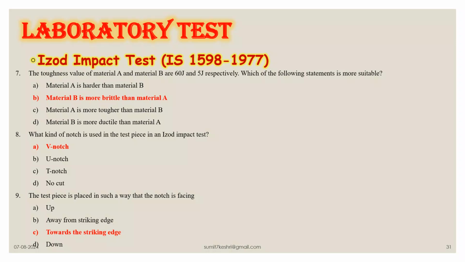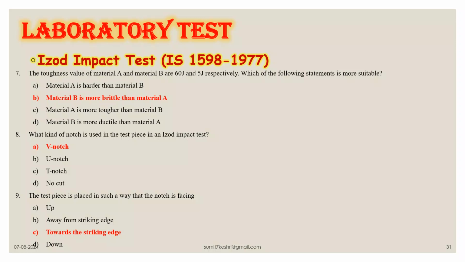So here material A has 60 joule toughness value and material B is 5 joule. So we can say material A is more ductile than material B. We can also say material B is more brittle than material A. The lesser the toughness value, the more the brittleness in character.